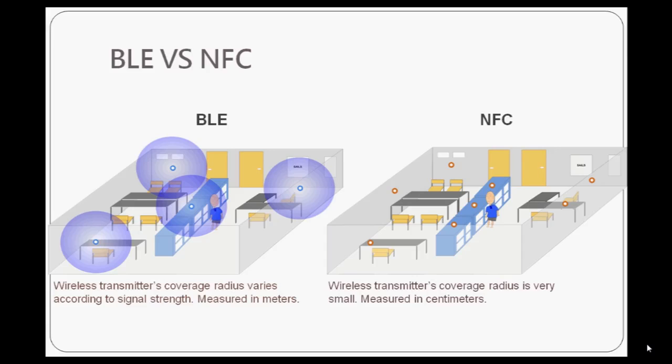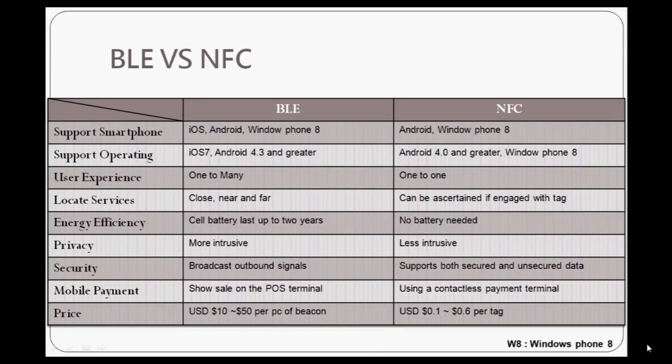So their coverage and usage are obviously totally different. In short, based on different applications, either solution is preferred. From this chart, you can see the pros and cons of Bluetooth and NFC. Who will be the winner at the end lies between the actual application and consumer habits.